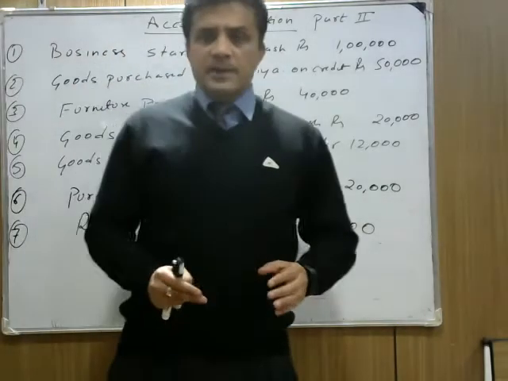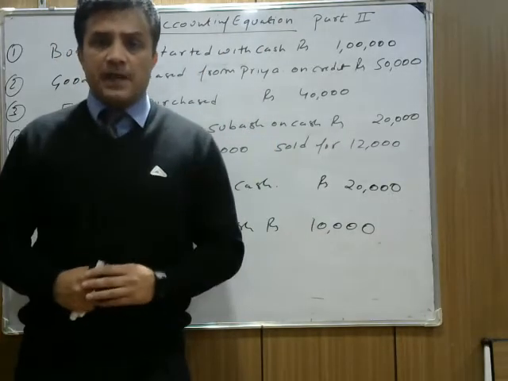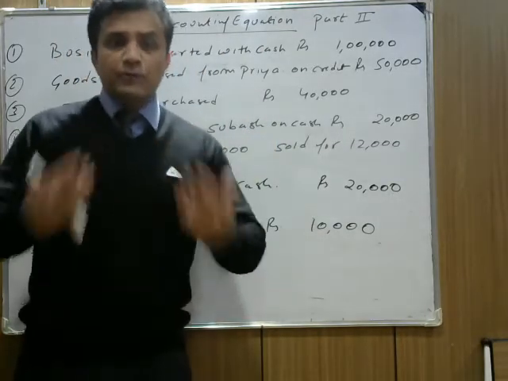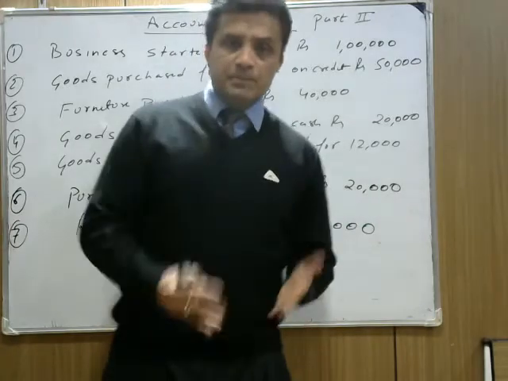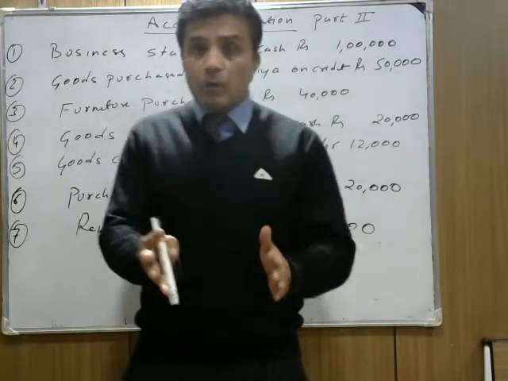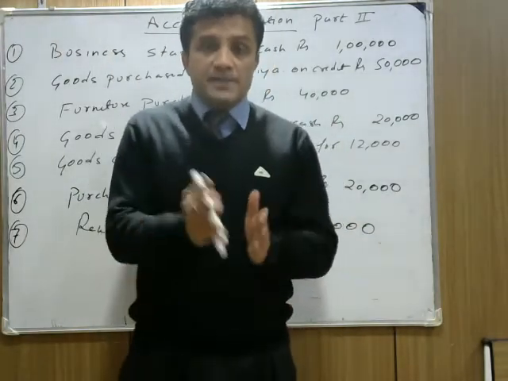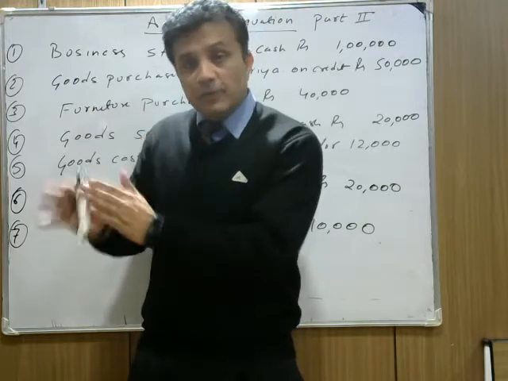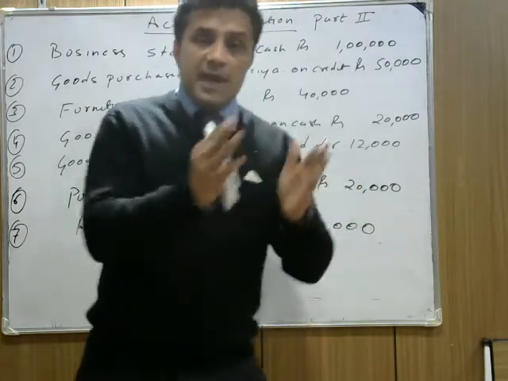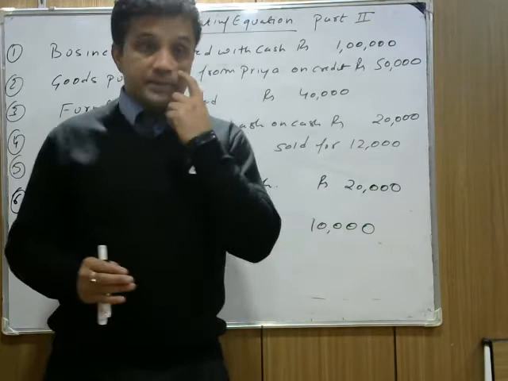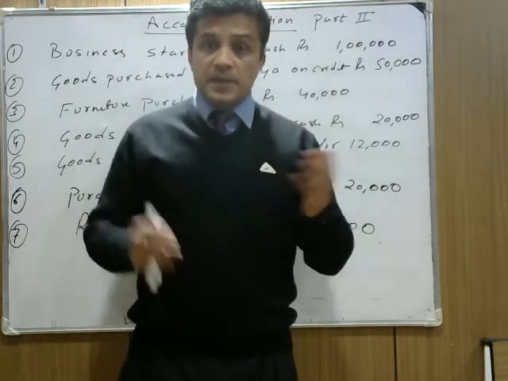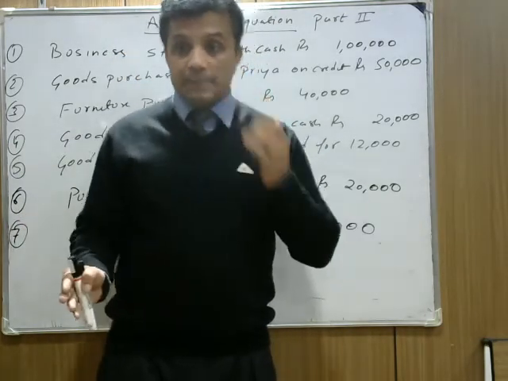These are simple transactions. Later we move further to more complex ones. Accounting equation is a very important part, so you need to understand carefully how each transaction affects asset, liability and capital, because the accounting equation means asset is equal to liability plus capital.